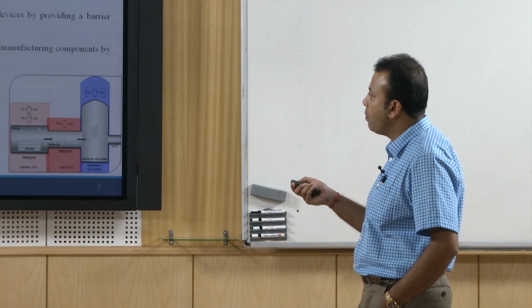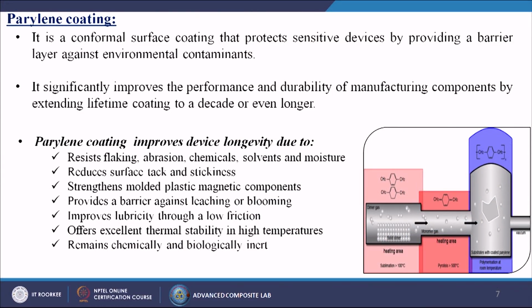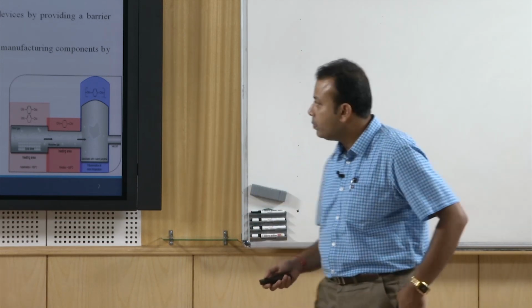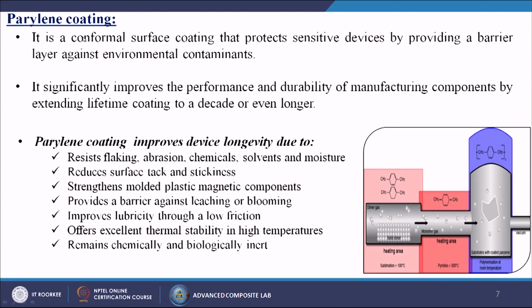So, it is a conformal surface coating that protects sensitive devices by providing a barrier layer against environmental contaminants. Simply, it is a kind of wrapping onto the material surface. It significantly improves the performance and durability of manufacturing components by extending lifetime to a decade or even longer.